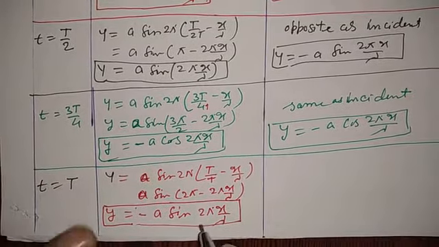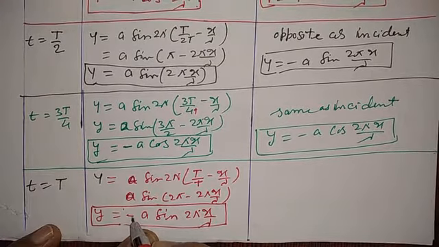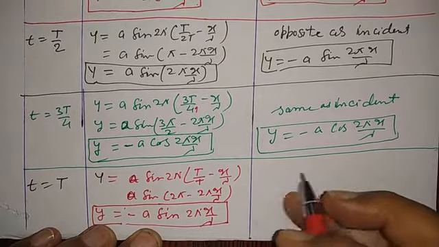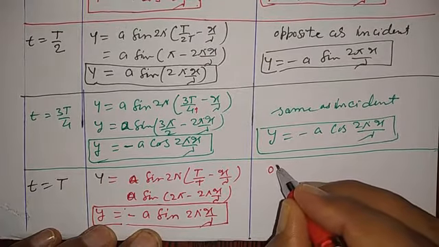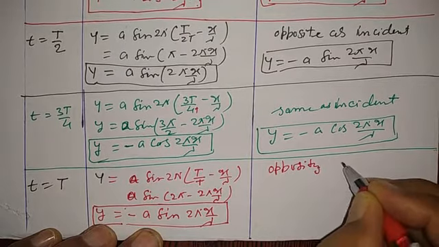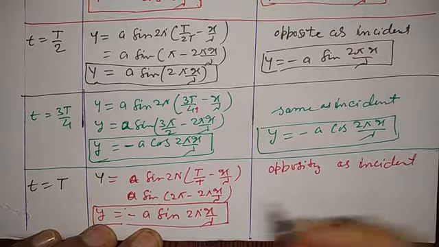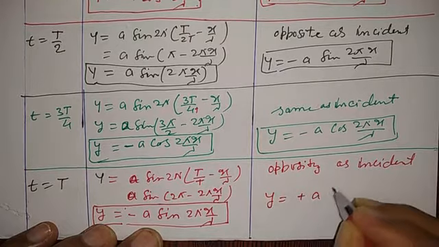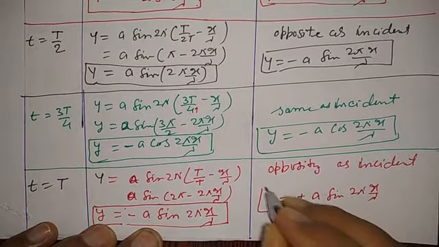Since it is a sine wave on the negative side, and we know that the reflected wave becomes opposite to the incident in a sine wave, opposite to the incident wave, then this equation becomes y is equal to plus a sine 2 pi x by lambda.